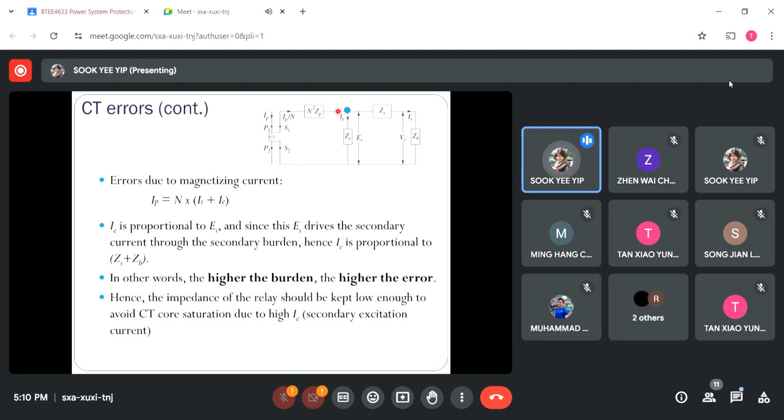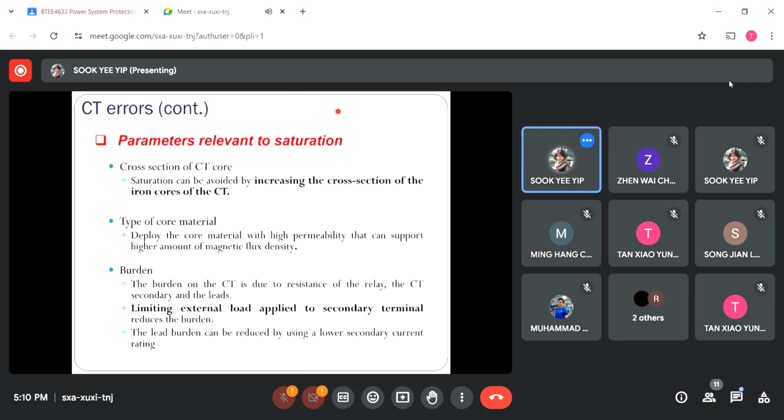Okay, so now let's move to the next slide. In summary, how can we actually deal with the problem of saturation of the current transformer? It is based on the parameters that relate to saturation.